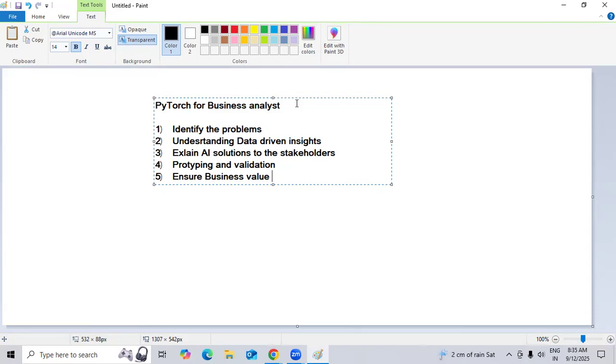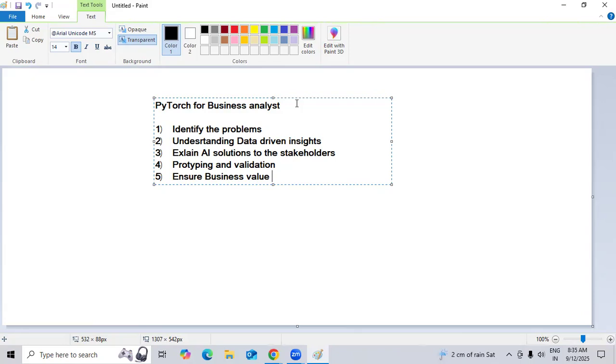These are the benefits and the reasons why we should enhance our skill sets as business analysts in AI and ML using different tools. Of course, we have TensorFlow, or else the open source tool called PyTorch.